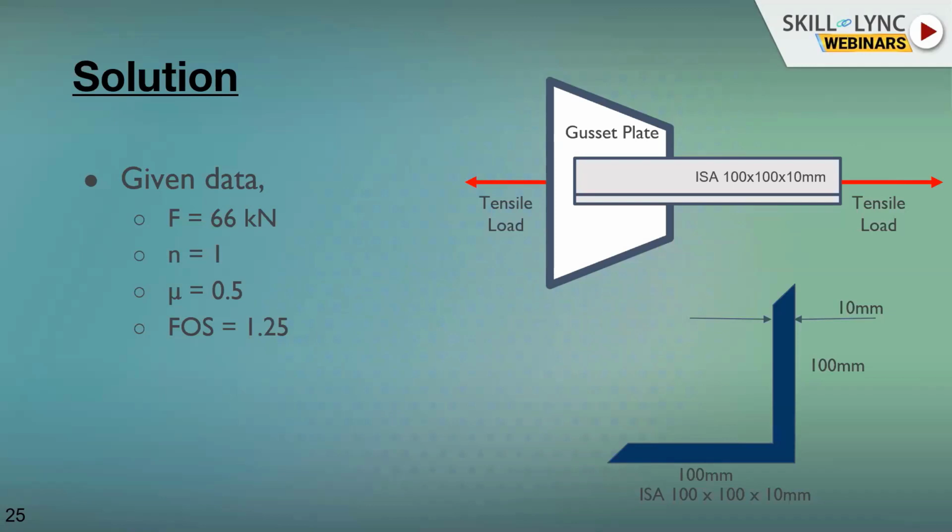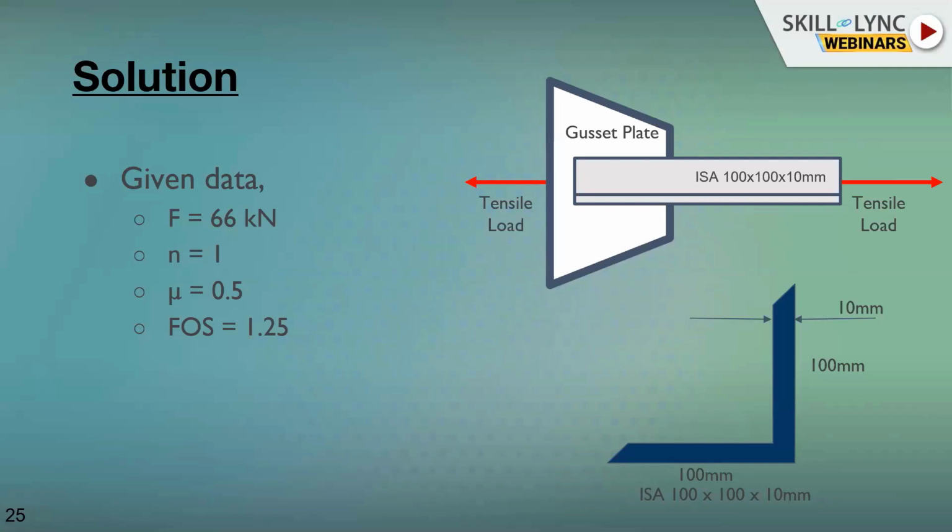When you look at the cross section, the gusset plate will be there, and above that the angle section will come and sit. This is typically a lap joint, and on a lap joint the number of shearing planes is only 1, and that is why N is 1 here. Mu is 0.5 and the factor of safety is 1.25.